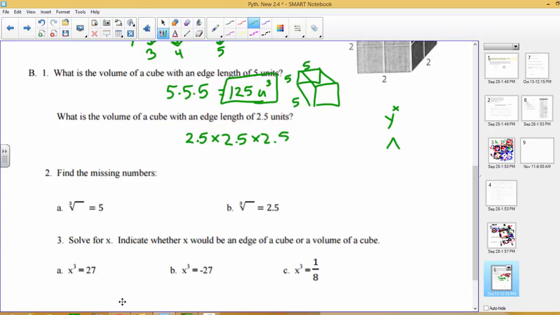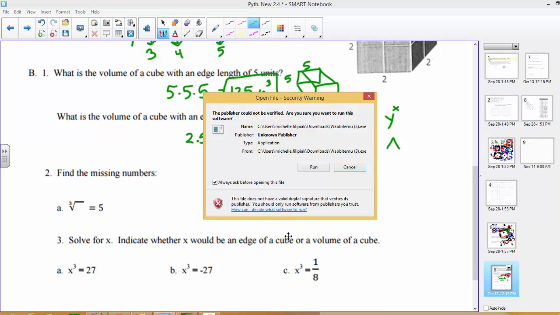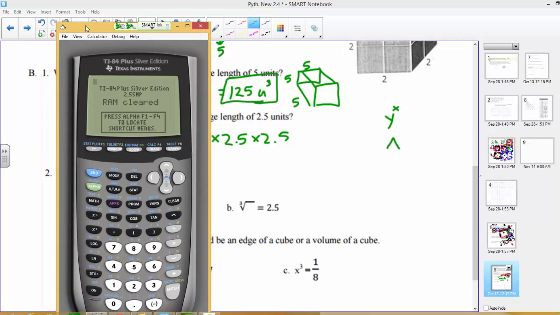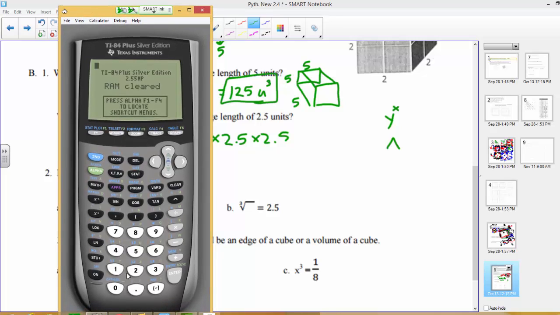I think I could actually bring it up right here. Yeah, so you can bring up the calculator that you've downloaded, and so 2.5 to the third. See that? So that's 15.625.